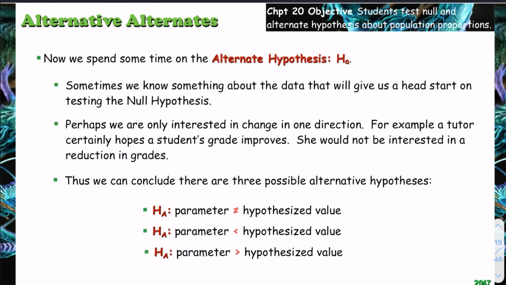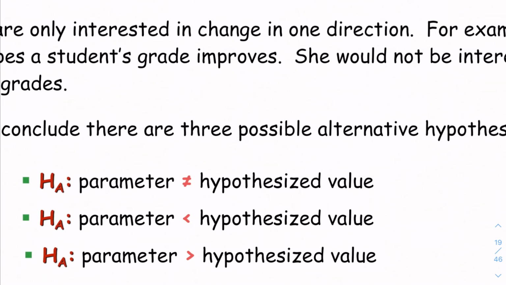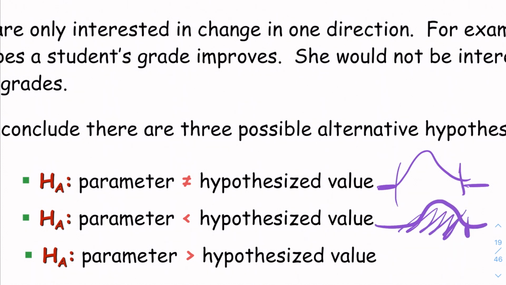So thus we conclude that there are three possible alternate hypotheses. Well, we either have the parameter is not equal to the hypothesized value, where we are interested if we are above or below our curve, or we are looking at our curve and asking, are we just below this? Or are we above this?